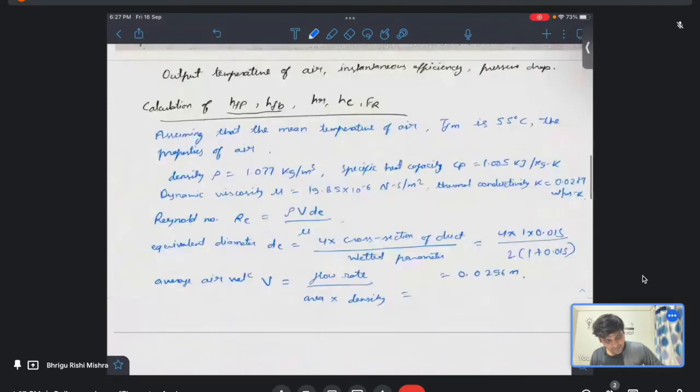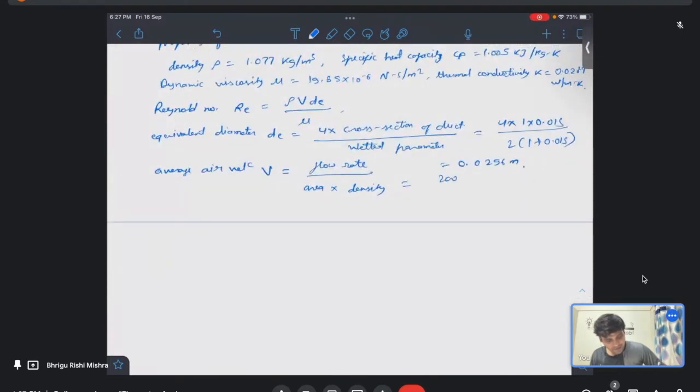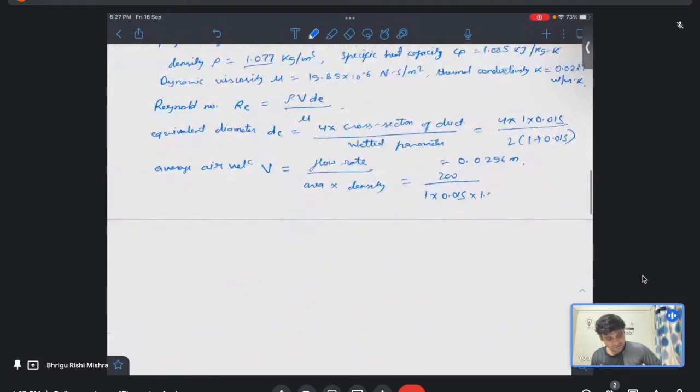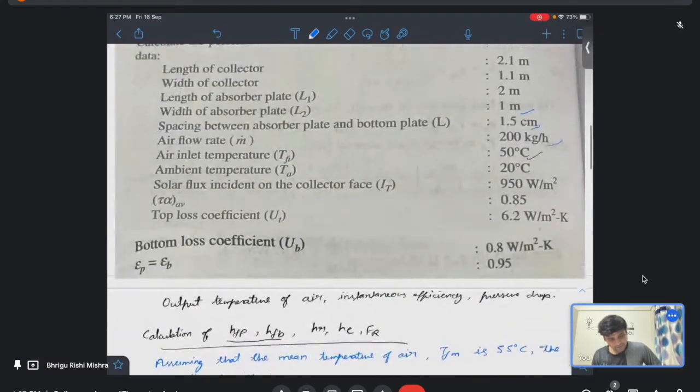The area is again 1 into 0.015, and the density we have given here as 1.077. If you calculate it, it turns out to be 3.439 meter per second. The spacing is 1.5 centimeter, fine.